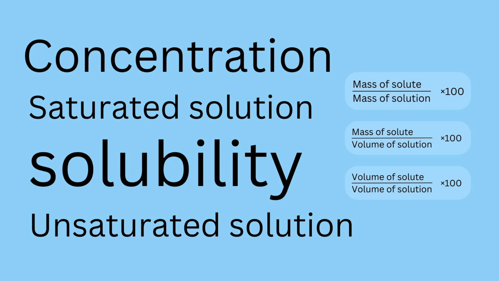One solution is dilute when compared to another, or concentrated when compared to another. A saturated solution is one where you cannot dissolve any more solute into it, and an unsaturated solution allows you to dissolve more solute into it. Solubility is the total amount of solute that can be dissolved in that amount of solvent at the saturation level, right? No more solute can be dissolved. That is solubility.